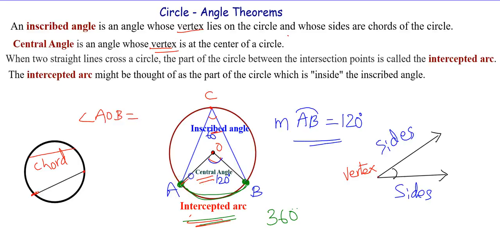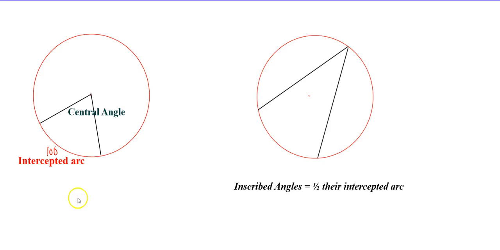This angle A, O and B. The measure of angle AOB is 120 degrees. And the measure of angle ACB, this is A, C and B, is half of 120, that is 60 degrees.